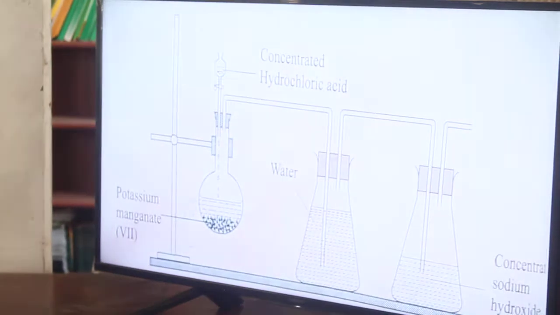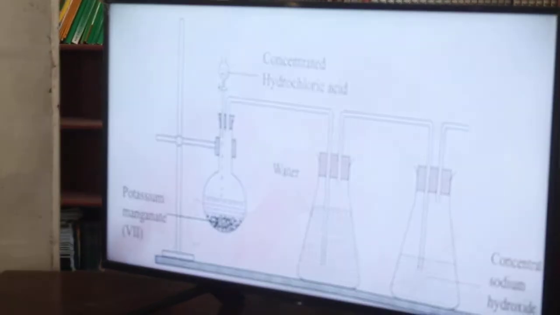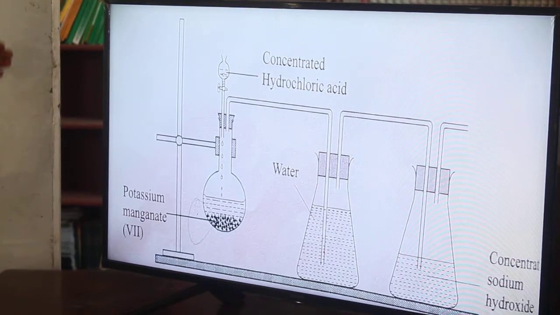The reason we have sodium hydroxide there is that after the chlorine has dissolved in water, any excess chlorine that escapes is going to be trapped inside the sodium hydroxide. The one we need is the one that dissolves, but anything extra has to be absorbed. And remember, as I said, chlorine is very poisonous.